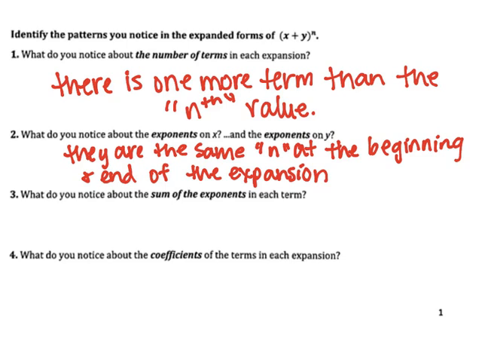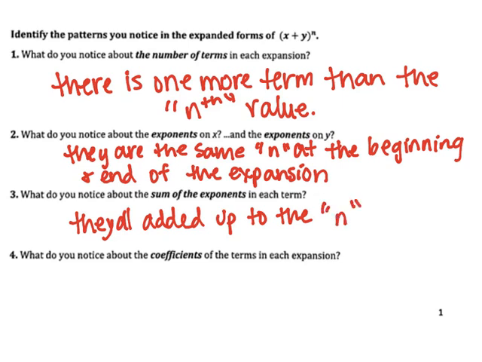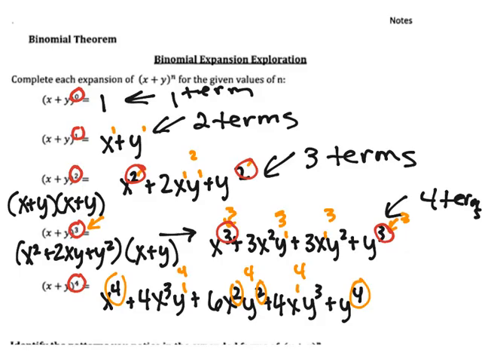And then what did you notice about the sum of the exponents? They all added up to that nth power. And then what did you notice about the coefficients of the terms? Well, let's go back over here and look at the coefficients of each term.